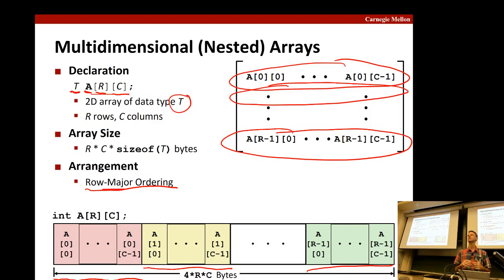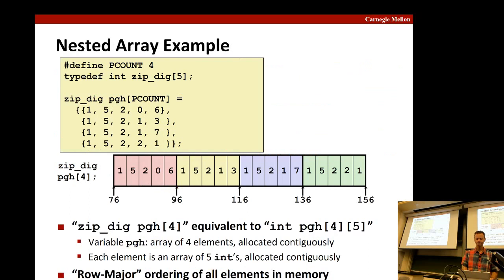Why do you care? Because you're going to have to understand what's going on when the assembly code addresses into these arrays, how it's doing the calculation to figure out where things are. So let's look at this example. Let's suppose that we take our one-dimensional zip dig array and create an array of those of size 4.